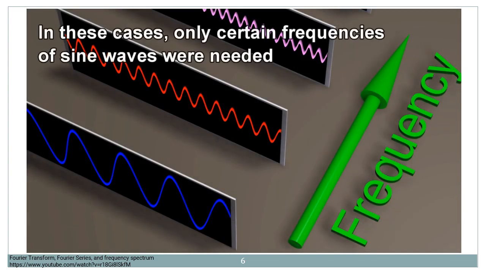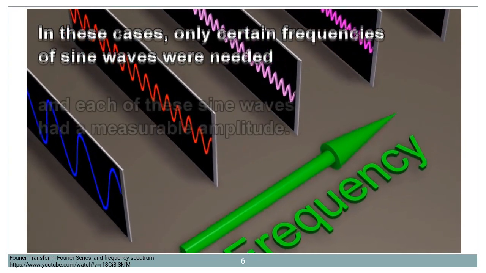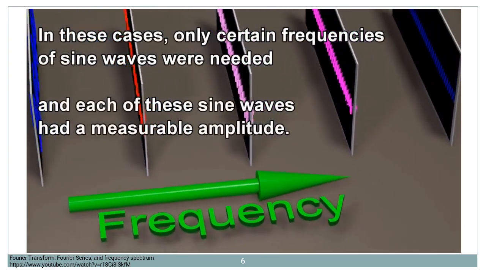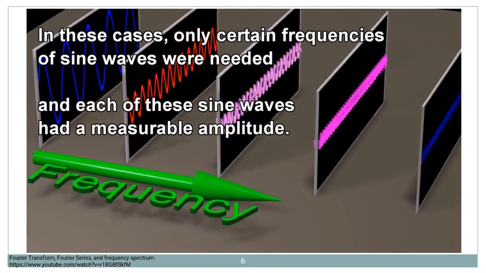In these cases, only certain frequencies of sine waves were needed. And each of these sine waves had a measurable amplitude.